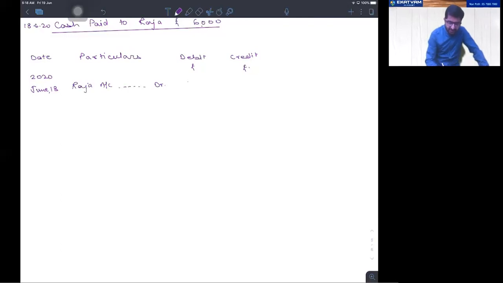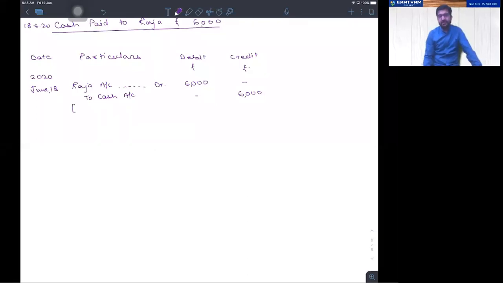Rupees 6,000, because the account needs to be debited, therefore the amount will be written in the debit column. To cash account, and we don't write Cr. in front of it, because "to" itself identifies that this is the credit effect of the transaction.